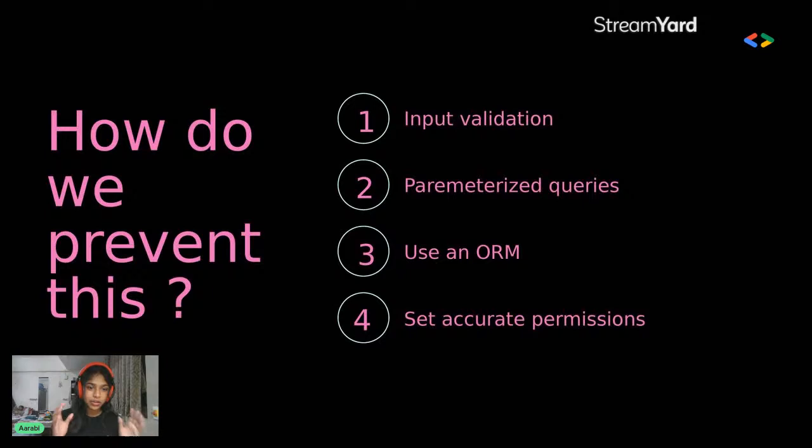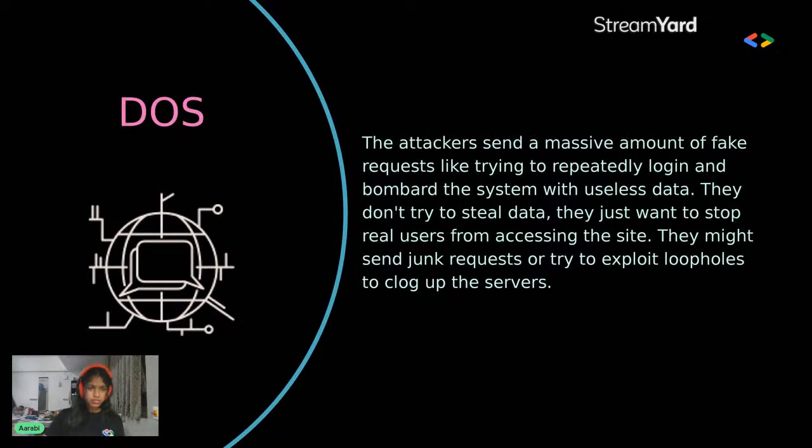So we set accurate permissions. We set an explicit permission saying that they can only read other people's blogs. So this prevents another user from trying to change anything because they can only view it. So we're setting the correct permissions for everything. So this is how we prevent against SQL injections.